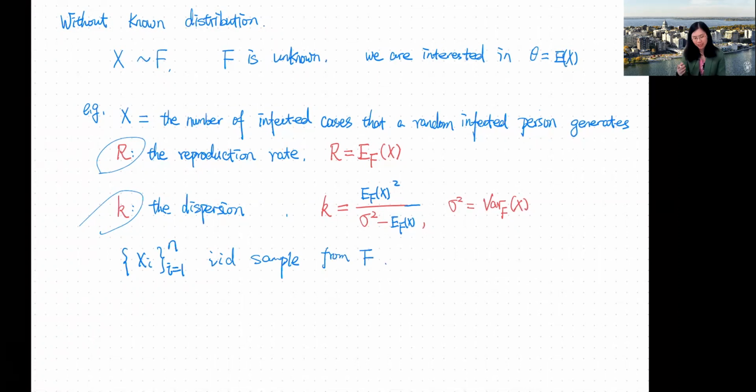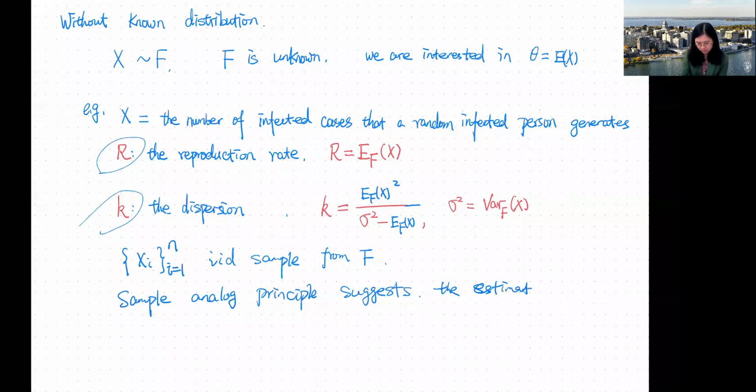Then how do you estimate this R value and this K value? That's not very hard. We can appeal to the sample analog principle. That principle suggests the estimator R hat equals the sample mean.